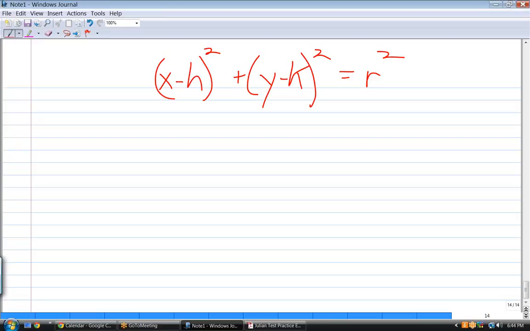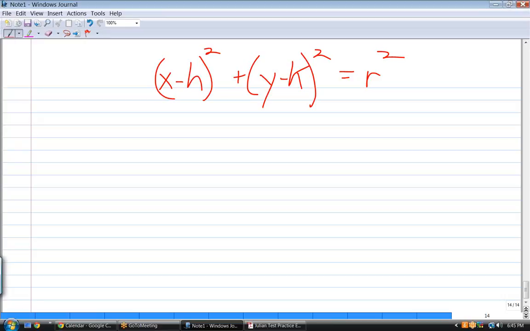Okay. And maybe you need to put that on your note card. What is R? It's the only dimension on a circle that really matters. Is it the radius? The radius, yeah.